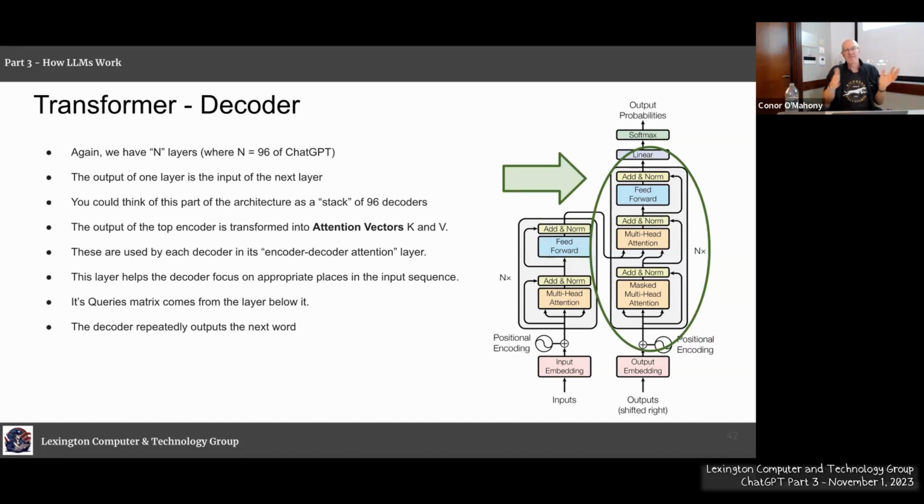So that's a very short description, but the same architecture with more stuff thrown in.